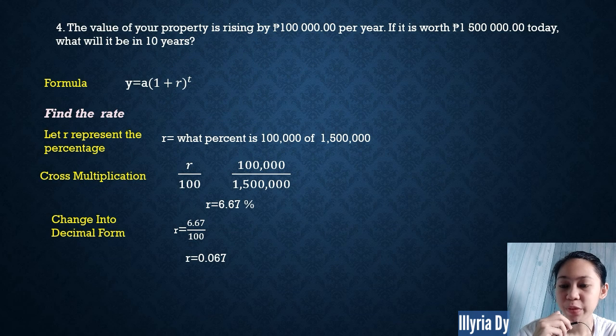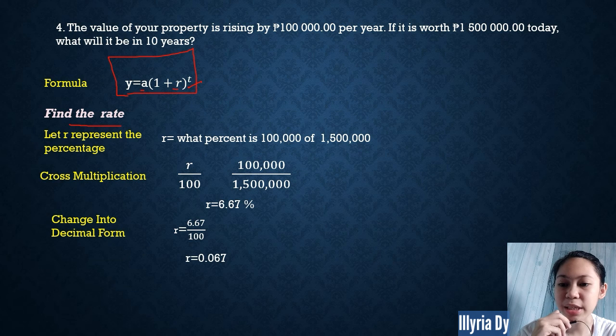So problem number 4 is an exponential growth. So we will use this formula, y equals a times the quantity of 1 plus r to the power of t, where a is the initial amount, r is the rate, and t is the time. So first, we need to find the rate.